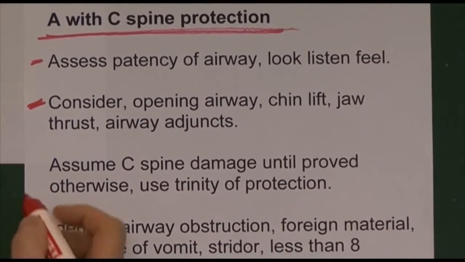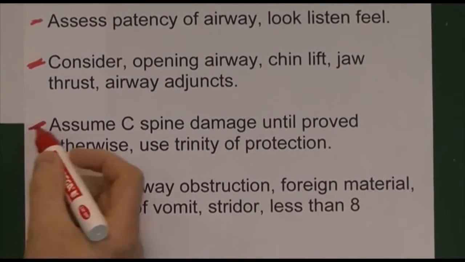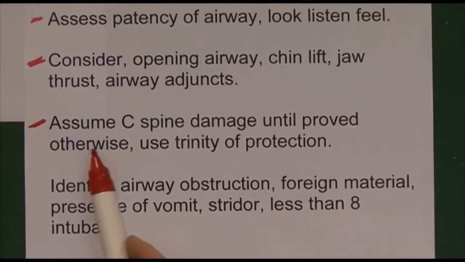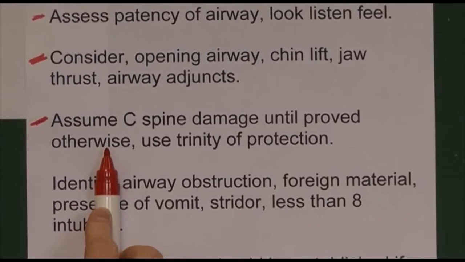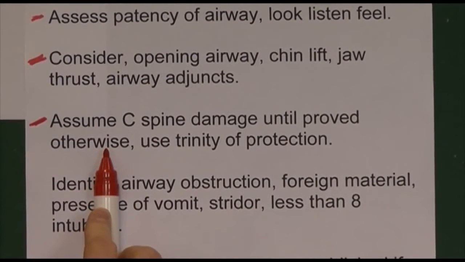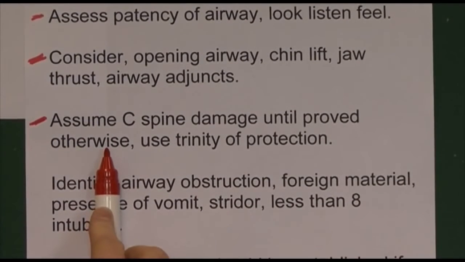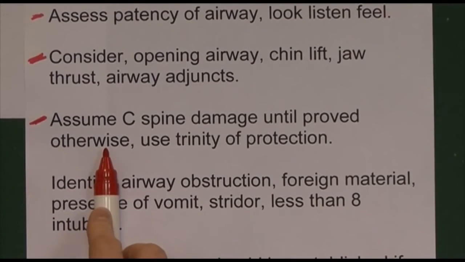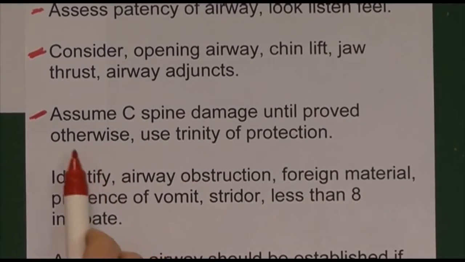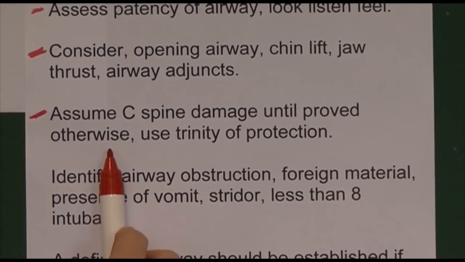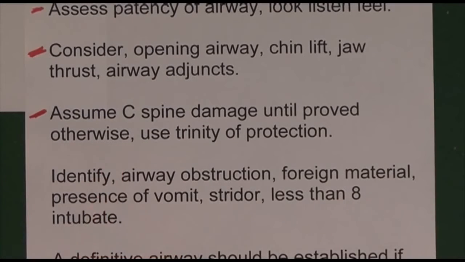The principle in trauma is assume C-spine damage until proved otherwise. And that is an X-ray of C1 down to C7, normally including T1. In the AP, the anterior, posterior and the lateral views, and assessed by someone very skilled in assessing X-rays, if at all possible a consultant orthopaedic surgeon.